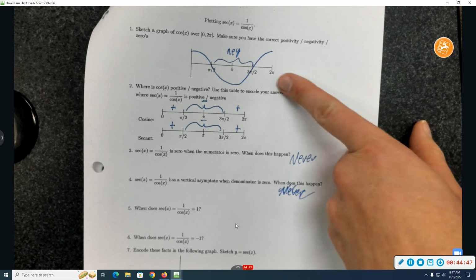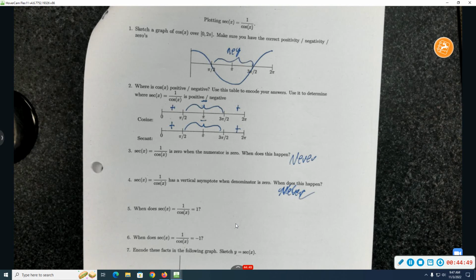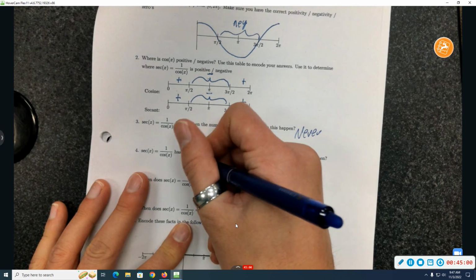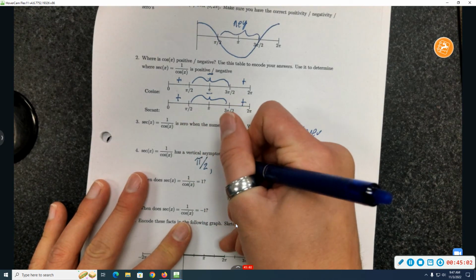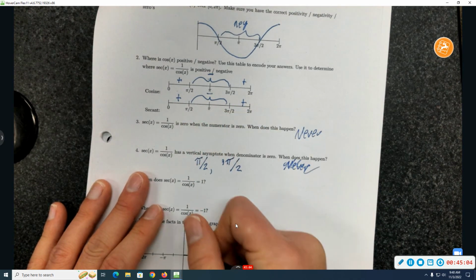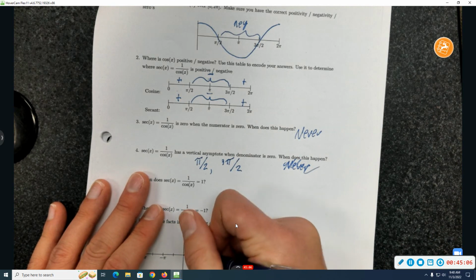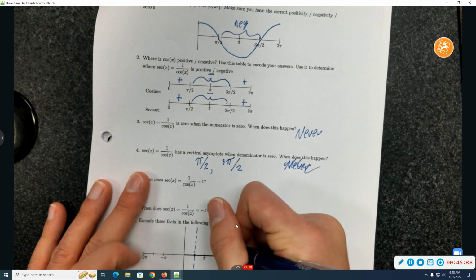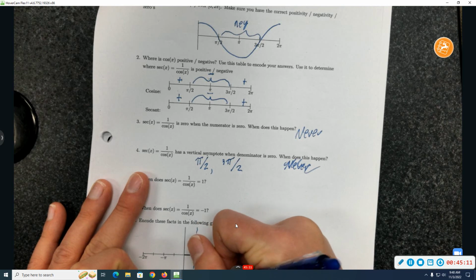Looking at this picture, where is the denominator 0? Pi over 2 and 3 pi over 2. All right, so I'll put those on the graph. Pi over 2, there's a vertical asymptote. 3 pi over 2, there's a vertical asymptote.